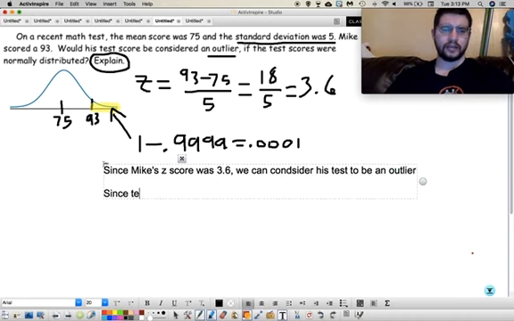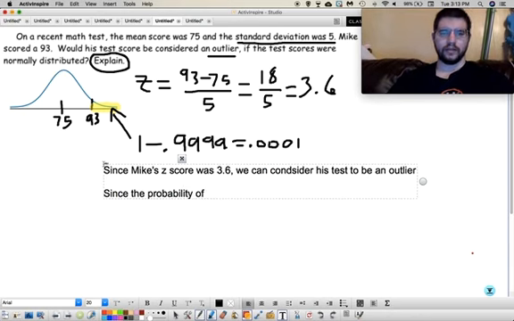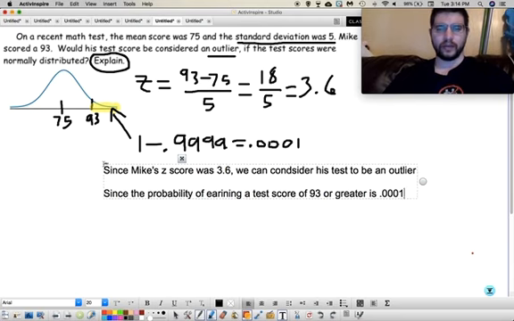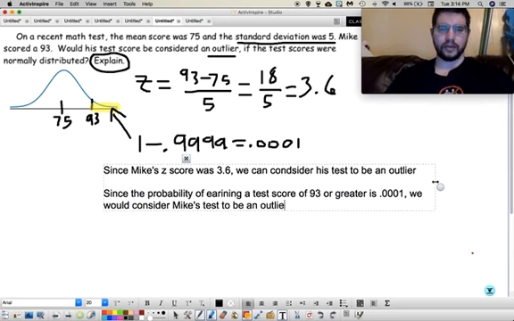Or, since the probability of earning a test score of 93 or greater is 0.0001, we will consider Mike's test to be an outlier.